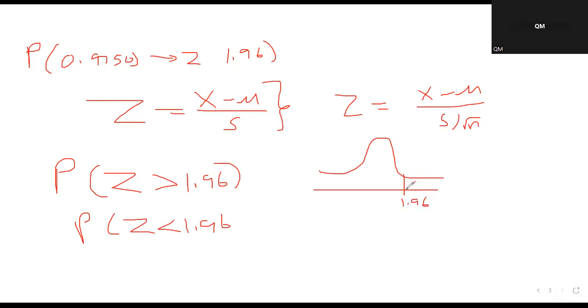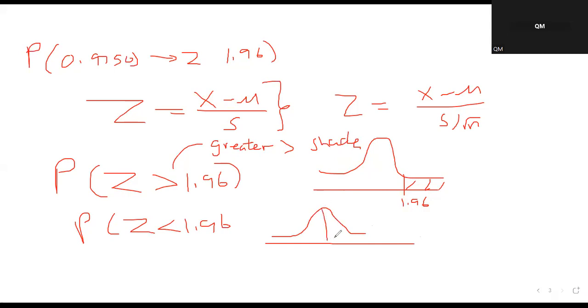Greater means shade to the right. If we're told less than 1.96, 1.96 is positive, all positive numbers are on the right side here. We are shading on the less than. So less than, we shade on the left, L for L.